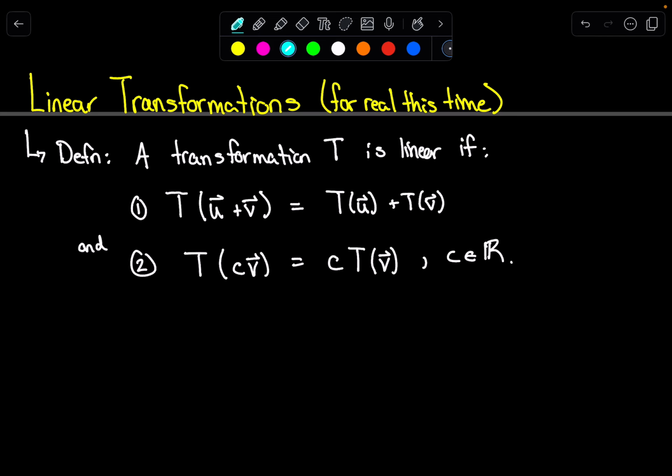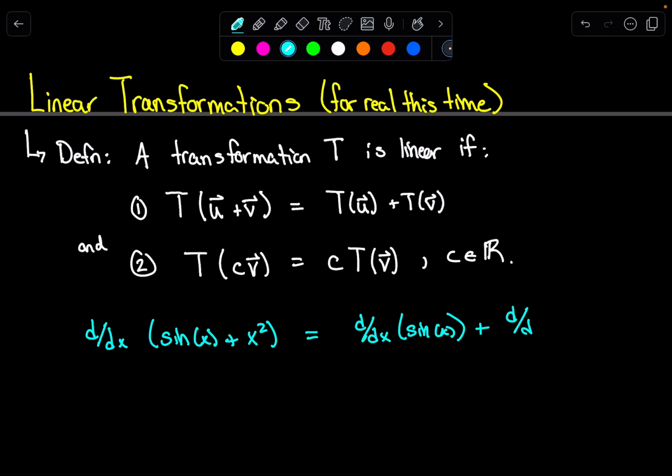For instance, if I ask what is the derivative of sine of x plus x squared, this is the same thing as taking the derivative of sine of x by itself and then adding the derivative of x squared at the end, right? That's definitely something we can do.